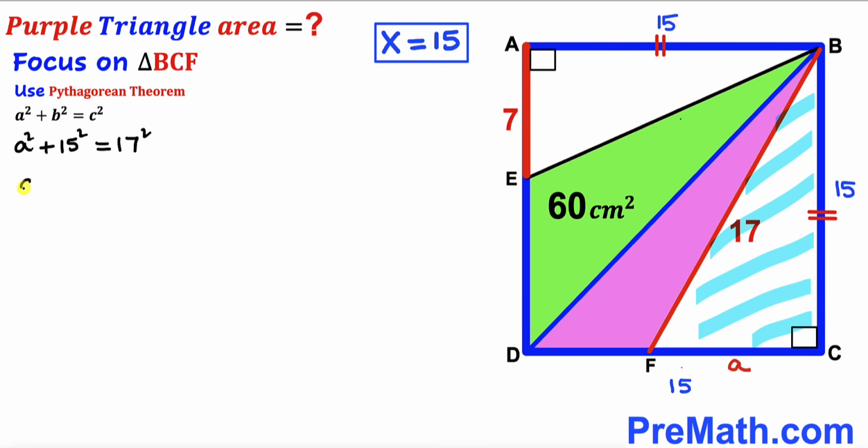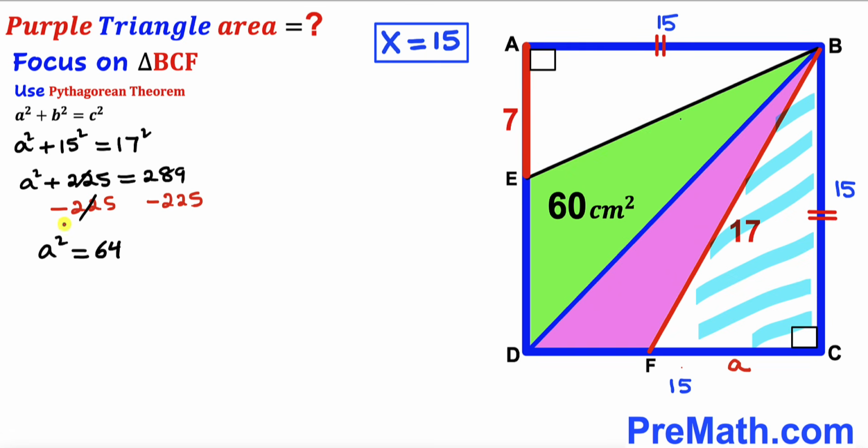Let's simplify. A square plus 225 equals 289. Now I am going to subtract 225 from both sides, and this is gone. So a square is equal to 64.